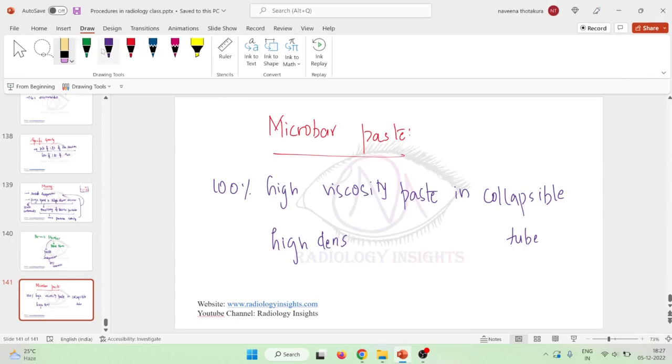Because of its high viscosity and high density, it is used in conventional studies of the pharynx and esophagus. In order to study the pharynx and esophagus, we can use this Microbar paste.